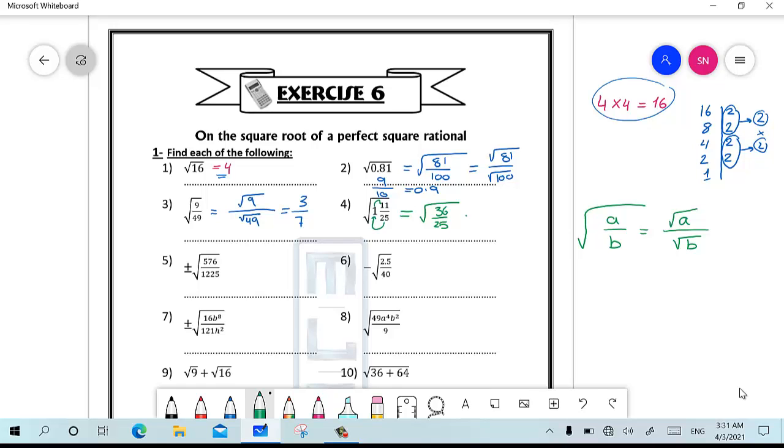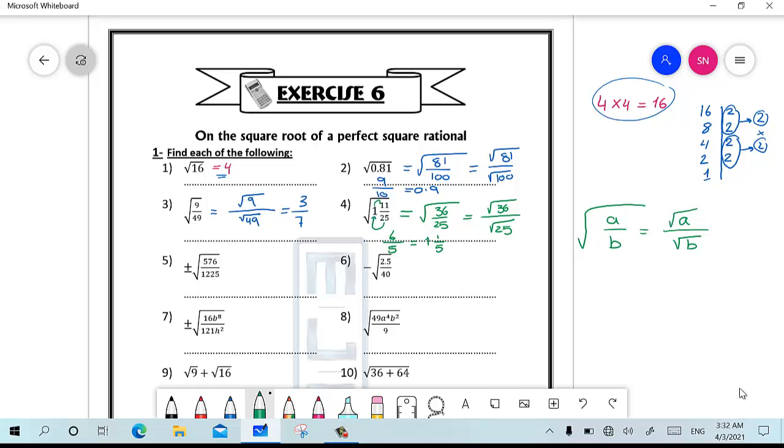I'm going to distribute the square root on the numerator, so I have square root 36, and on the denominator, I have square root 25. I know that 36 results from 6 times 6, so the square root of 36 is 6. And 25 results from 5 times 5, so the square root of 25 is 5. I can write it as a mixed number in the form of 1 and 1 over 5.